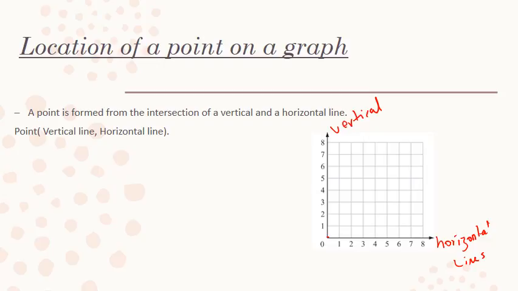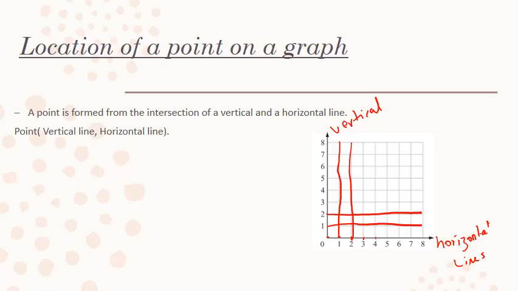You have the 0, 1, 2, 3, 4, and so on, as much as you need, and also the vertical line. If you see, this is the first vertical line. This is the second vertical line, and so on. This is the first horizontal line. This is the second horizontal line, and so on.